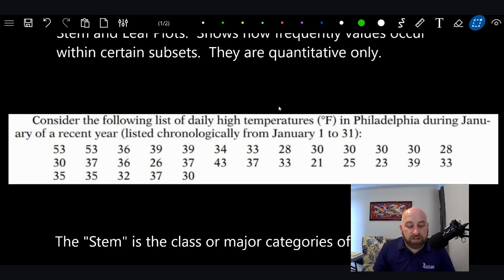Let's look at this example. Consider the following list of daily temperatures, in Fahrenheit degrees, in Philadelphia, Pennsylvania during January of a recent year. They're listed chronologically. What does that mean? Starting with January 1st, January 2nd. So 53 was January 1st, 53 was January 2nd, 36 was January 3rd, and these are the daily high temperatures.